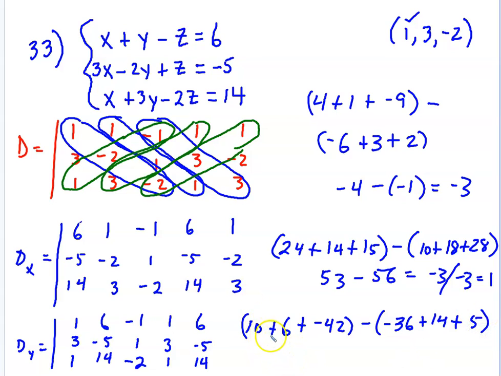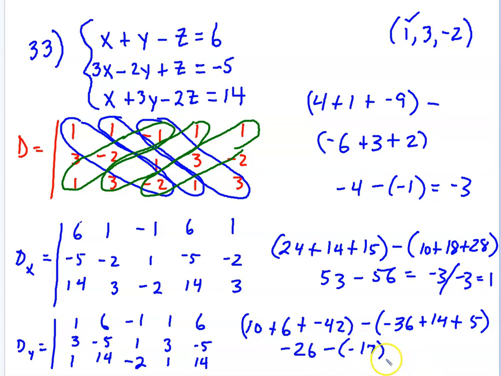All right, so 16 plus negative 42, that's negative 26, minus, and let's see, this is going to be negative 22 plus 5, that's negative 17.